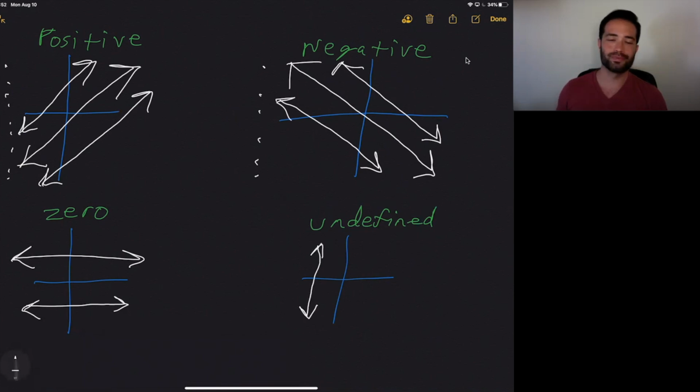By the way, these lines should be straighter. You know, I just don't really have a steady hand. So, but remember, all lines are straight. Okay. Of course, it would be much better on graph paper. All right, so undefined, vertical.